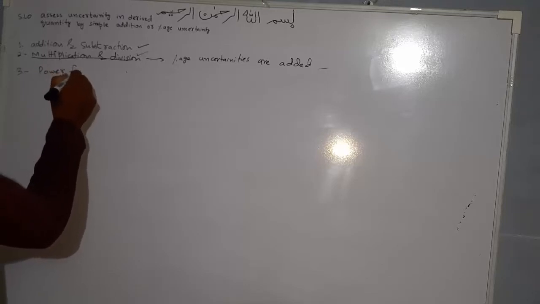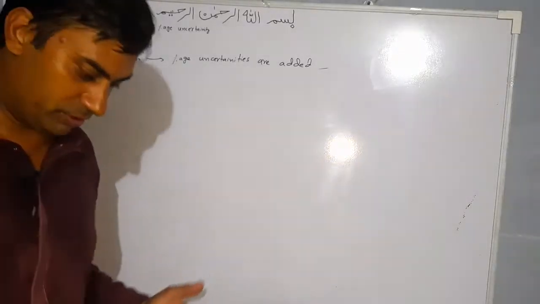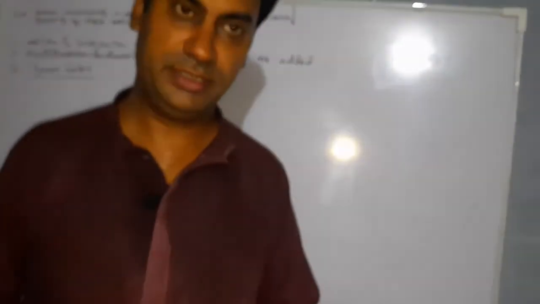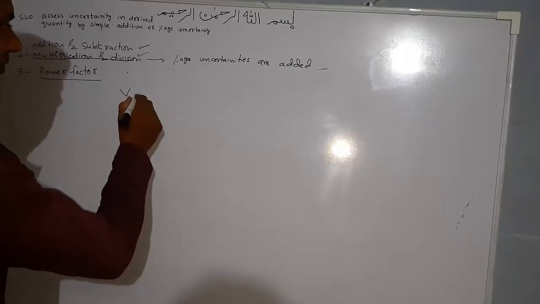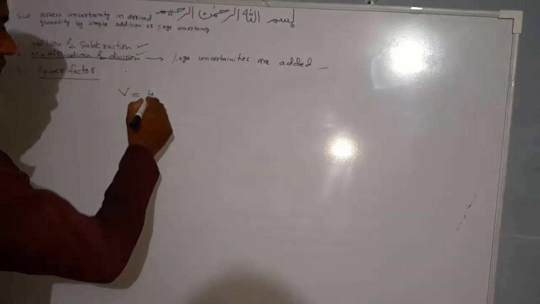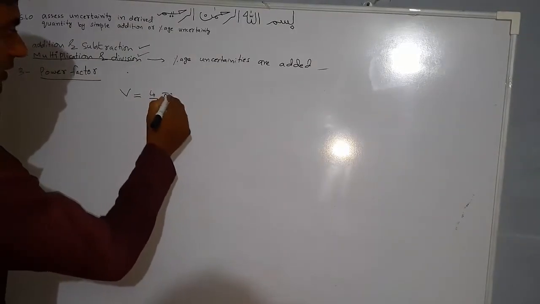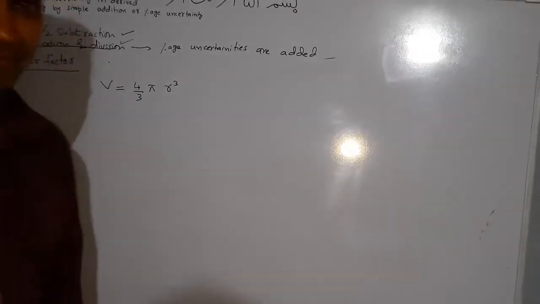What does it mean by this power factor? It means the physical quantity that we are measuring has a formula involving a power, just like the volume of a sphere. The volume of a sphere is 4 over 3 pi r cube. We know that r is the radius, but mostly we measure the diameter.